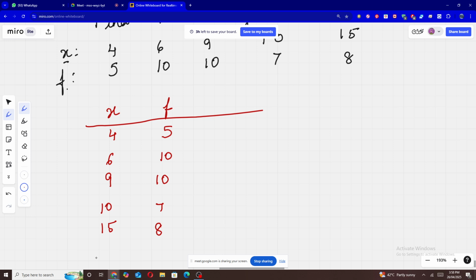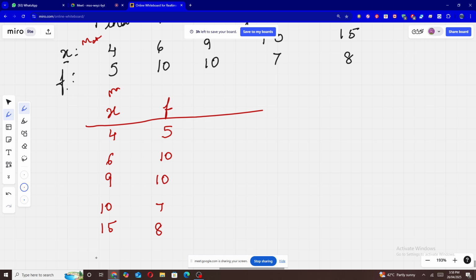Suppose X is representing marks. So 4 marks is achieved by 5 kids in a class. 10 kids are getting 6 marks. So how many kids are there? 25. So total 25.